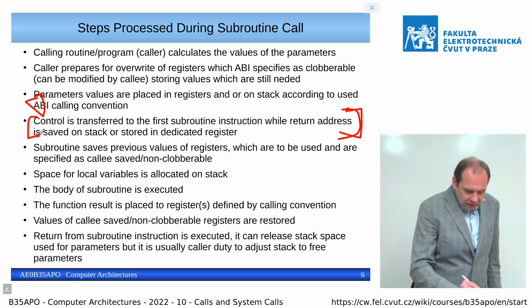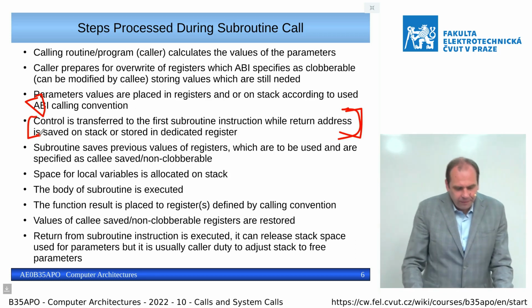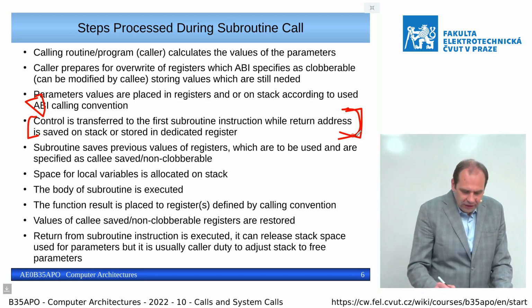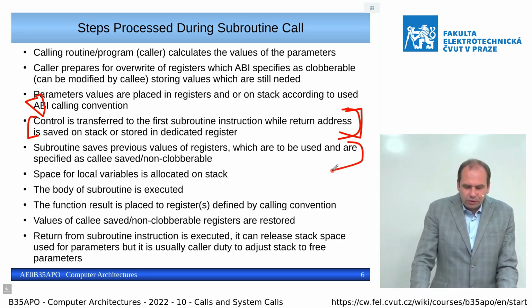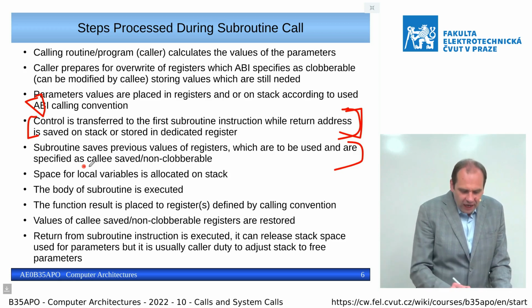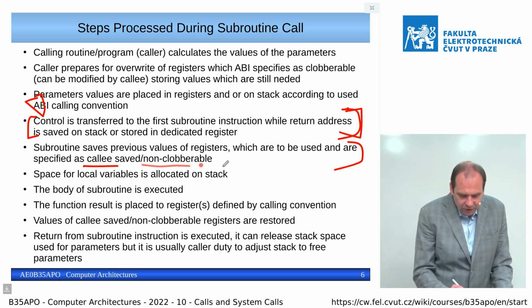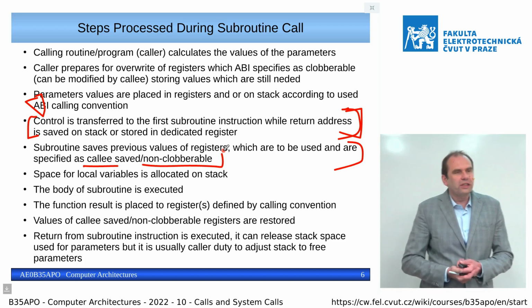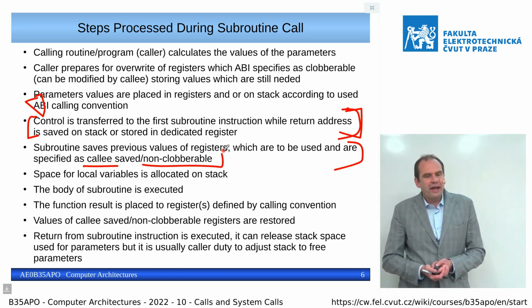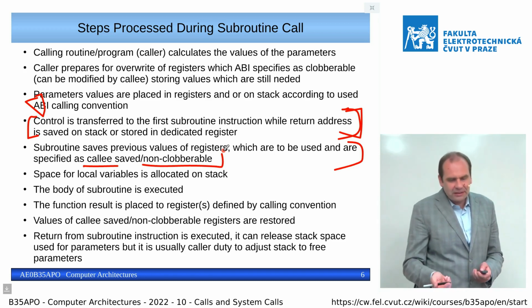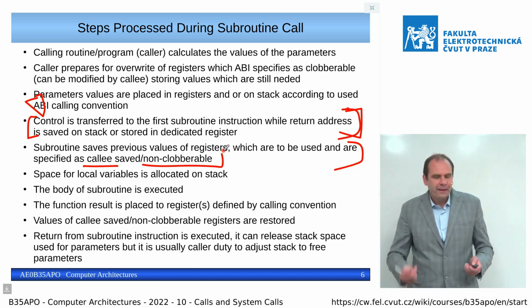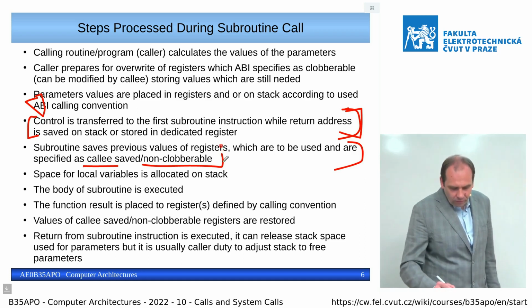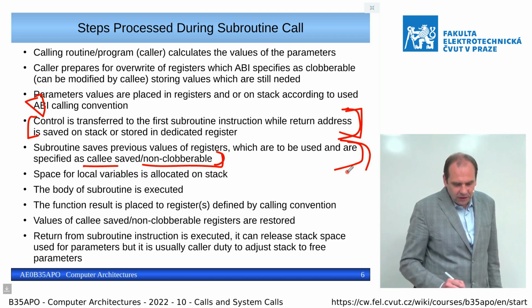So now we are in the function, and that function or subroutine has to store somewhere the values of those registers which are defined as call-saved or non-clobberable. So those registers which are agreed to be in the same state after the subroutine ends as at its entry have to be preserved by the callee.